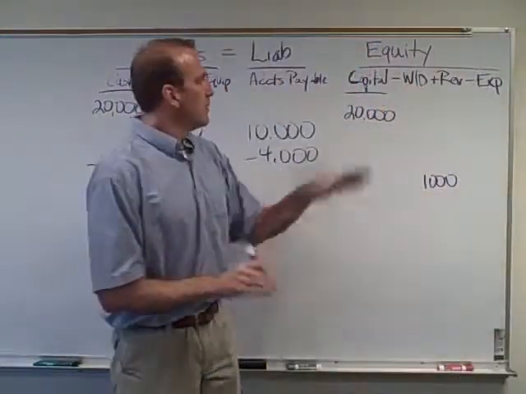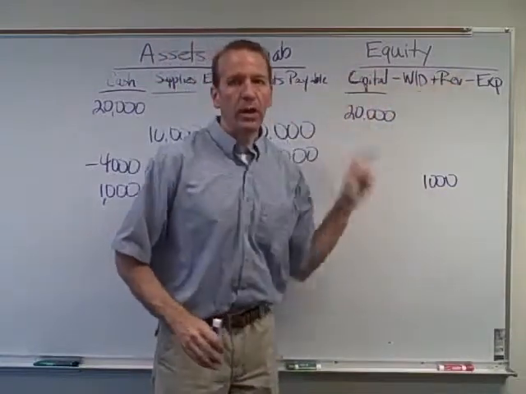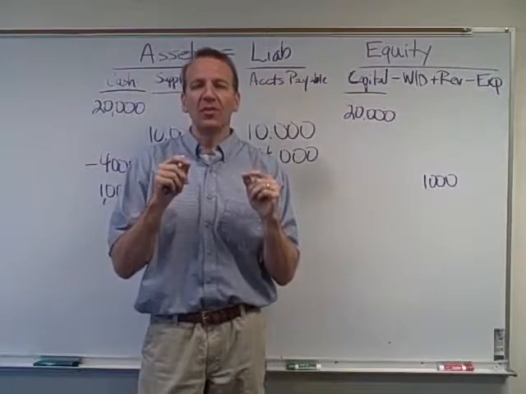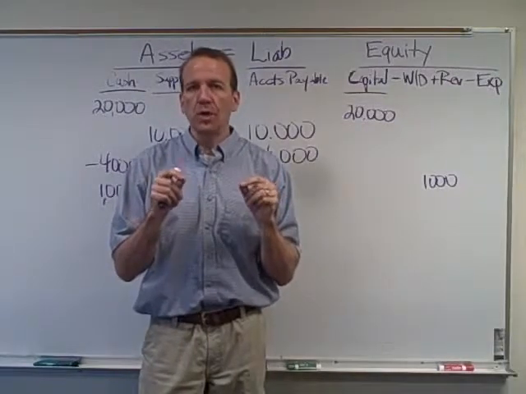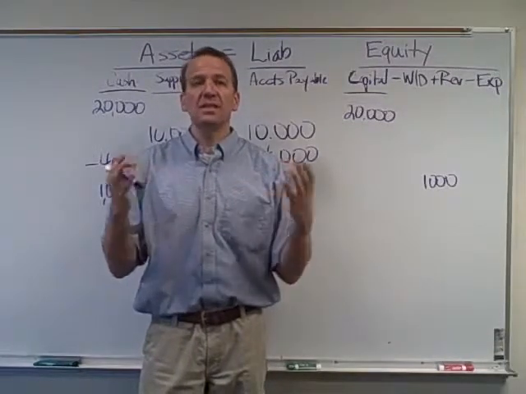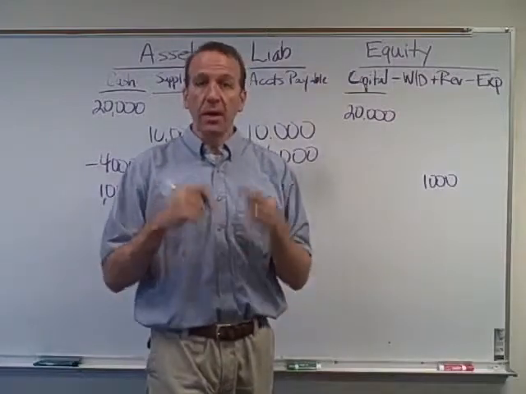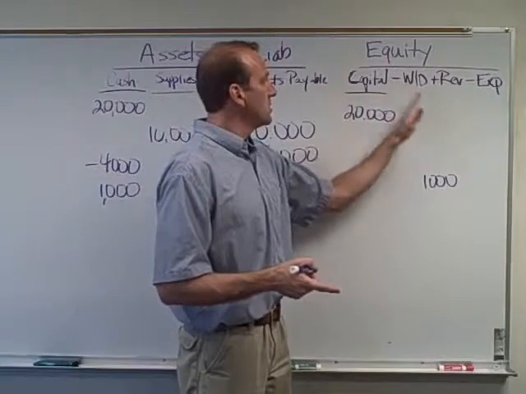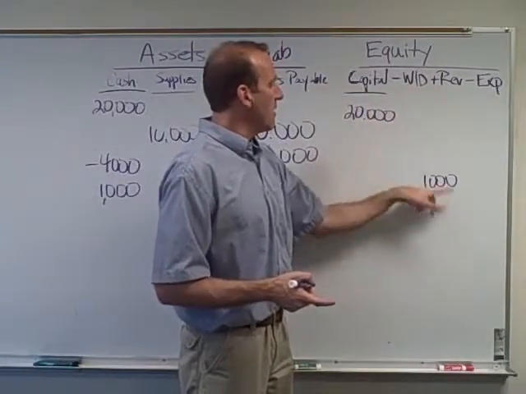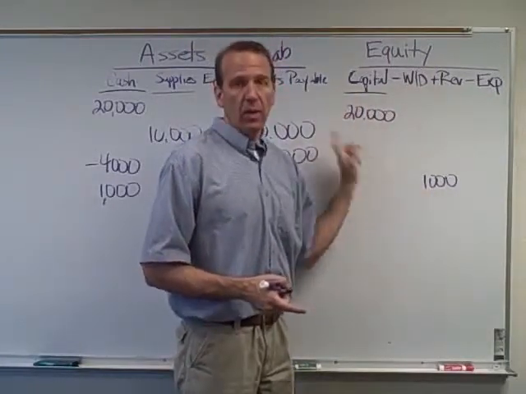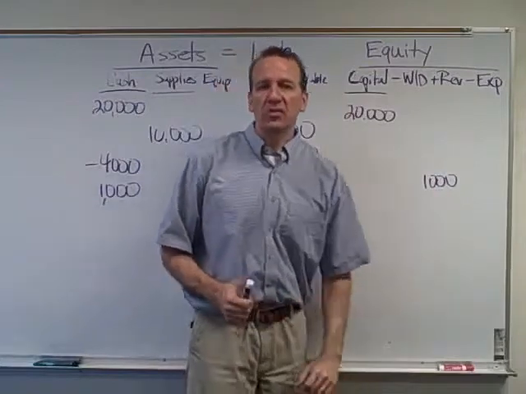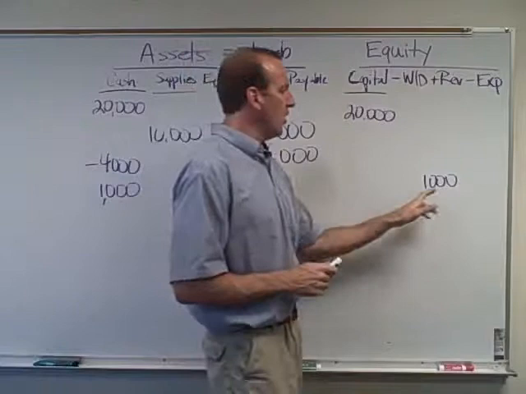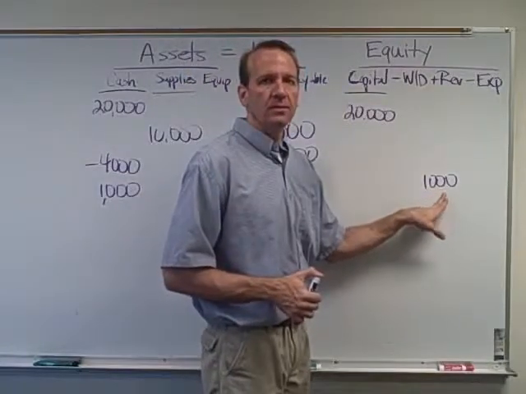Now notice that revenue is part of equity, because think about it, this is your business. So if you have sales, whose sales ultimately are they? They're yours. They're your sales. So this $1,000 really belongs to you. So in reality, your capital account eventually is going to be $21,000. But right now we're just going to track it separately because we want to know, how much sales did we have? What were our total sales amount? Well, so far it's $1,000.